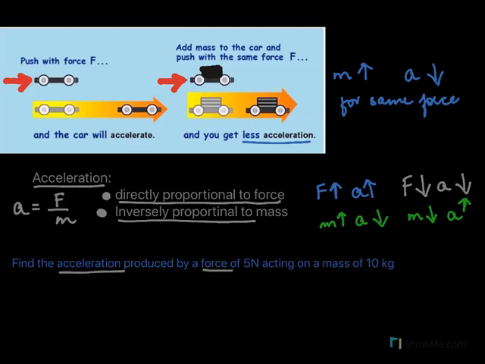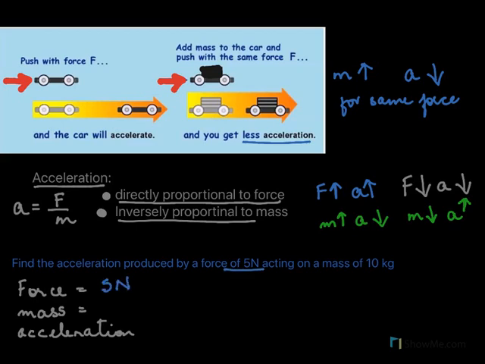Find the acceleration produced by a force of 5 newtons acting on a mass of 10 kgs. So here we see that the force is 5 newtons, acting on a mass of 10 kgs, and we must find the acceleration.